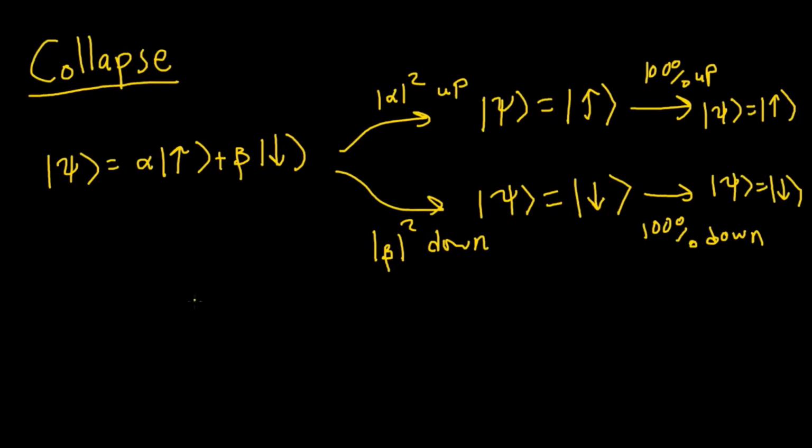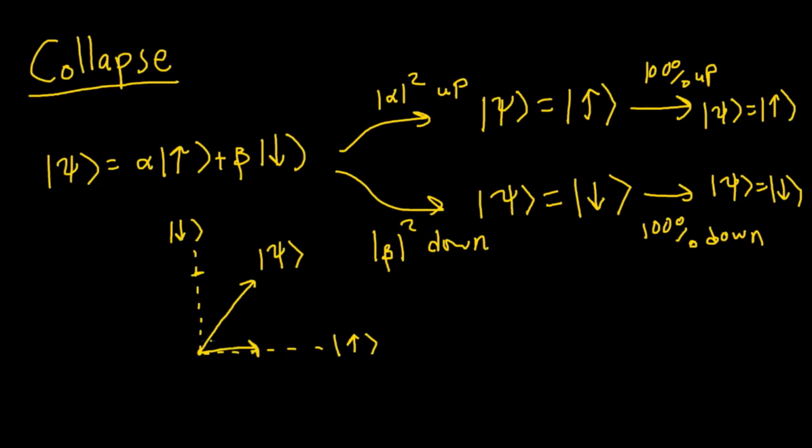So I want to say a few things about collapse. The first thing is, why is it called collapse? What image does the word collapse evoke? The picture a lot of people have in their minds is that the psi vector has a component along the spin up axis and the spin down axis.